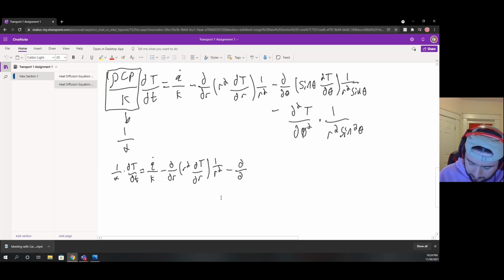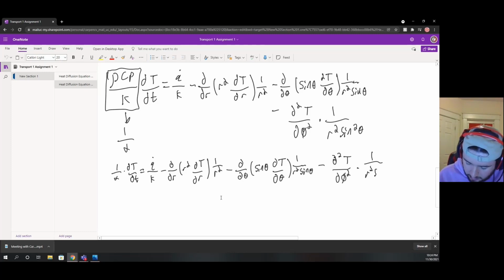minus partial differential in terms of theta times sine theta. Has to stay in there because there's theta in the partial differential, times the change in temperature over change in theta times 1 over r squared sine theta, minus our second degree partial differential of temperature over phi times our 1 over r squared sine squared theta.